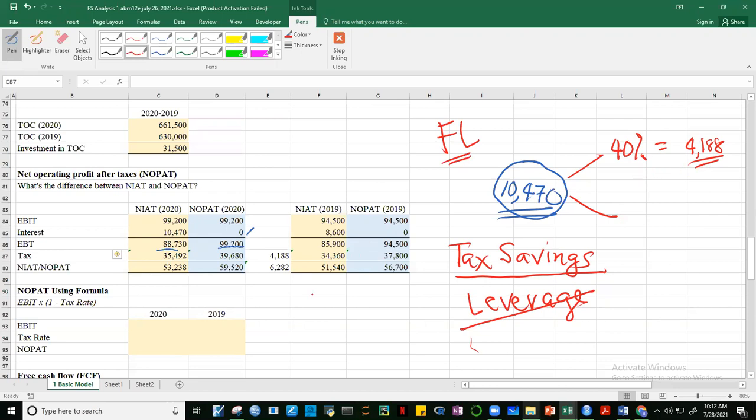Penalty for not using debt, no? Na walang interest. Only 60%, guys, ang net effect ngayon. Okay, 60% times 10,470, ito yung 6,282. 60% lang ng total interest ang magiging lamang ni NOPAT kaysa kay NIAT. Okay, is that clear, guys?